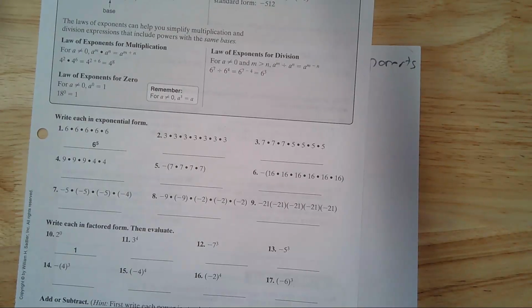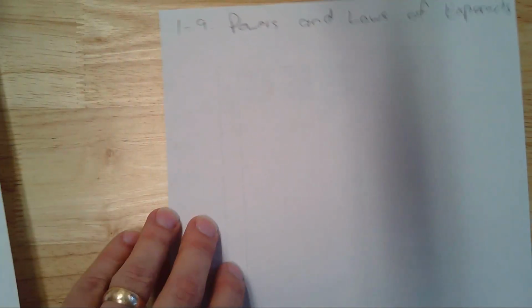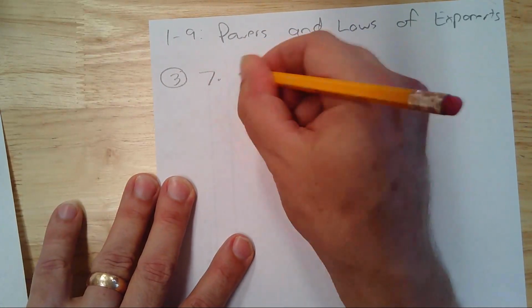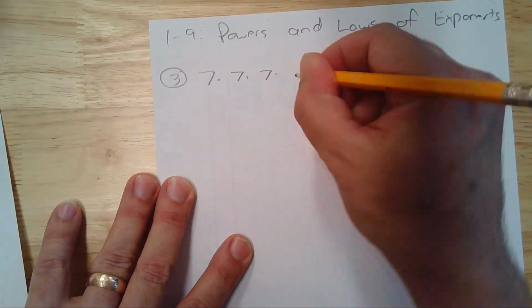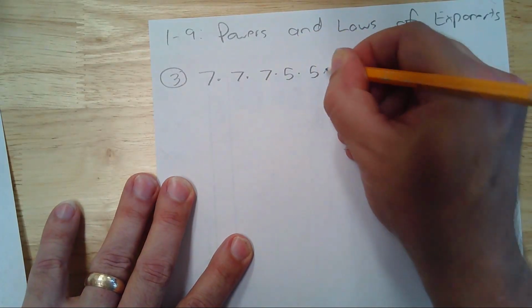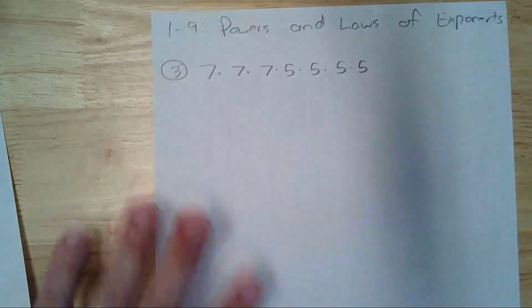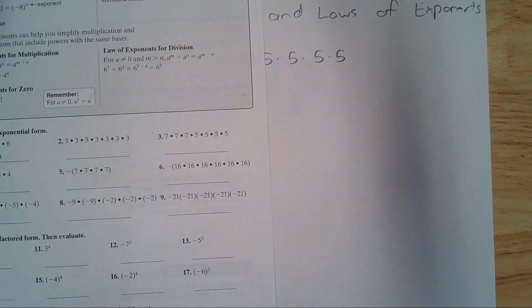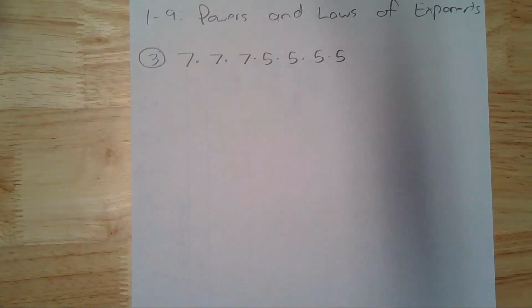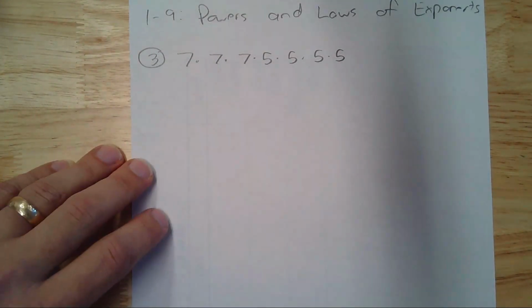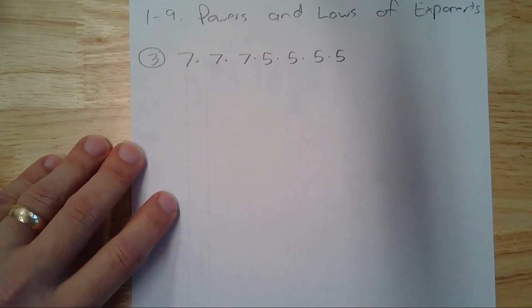So looking at number 3 here, it says write in exponential form. All we're really doing here is writing in exponential form: how many times am I multiplying 7 times itself? 3.